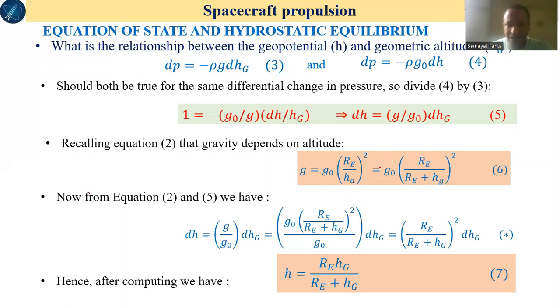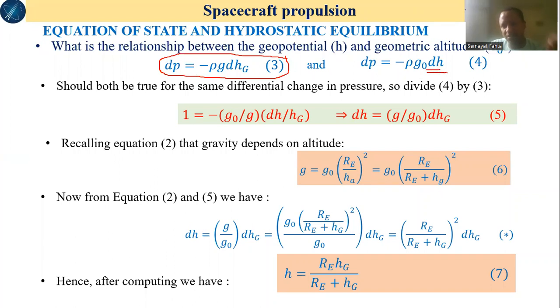And the geopotential altitude is what we mostly use when determining aircraft or flying objects. So we have dp, which we got earlier from the small element: dp equals minus rho g dHg, and another dp equals minus rho g naught dh, just considering the surface of the Earth as reference. So dh represents the geopotential altitude.